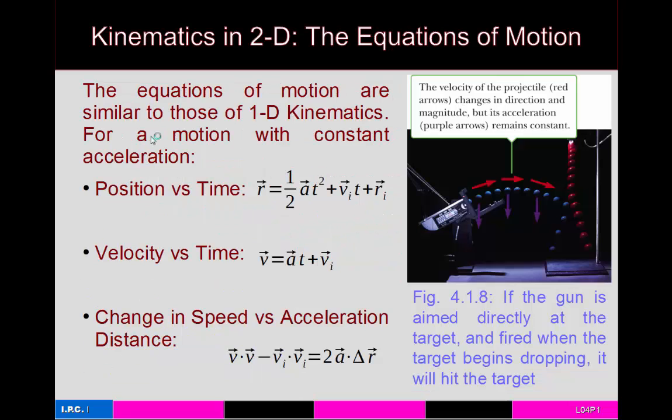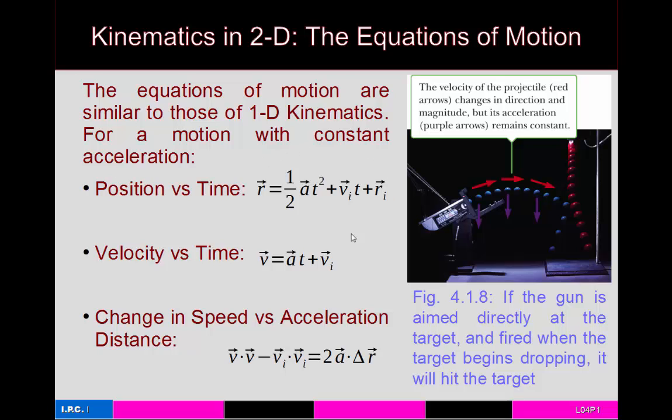So basically in vector form we might write something like position versus time looks like r equals 1/2 a t squared plus v initial t plus r initial, where r, a, v, and r initial are all vectors. So this is actually the same equation, and again we're assuming a constant acceleration.